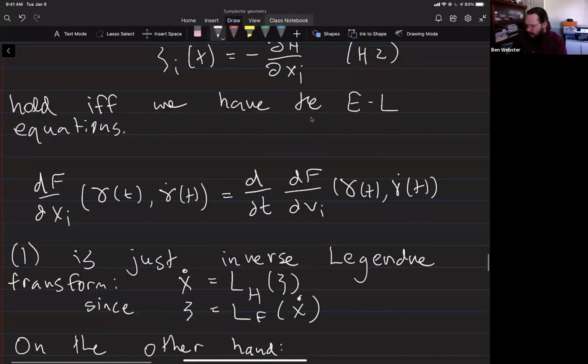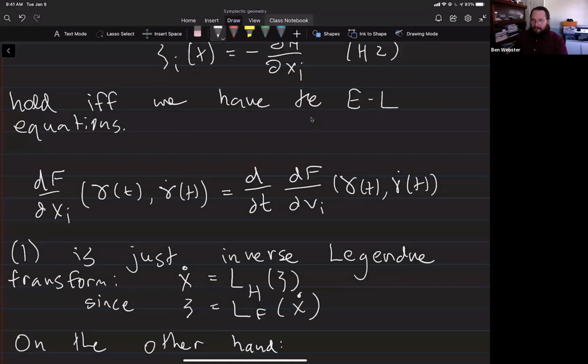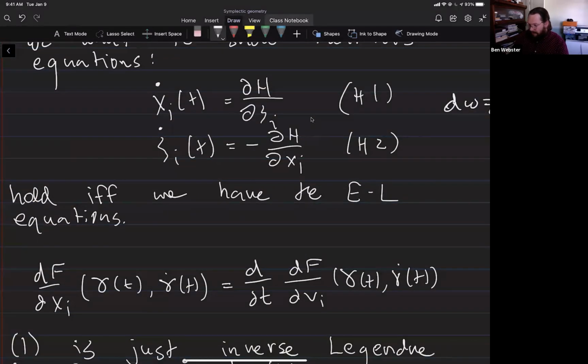Okay, so equation 1 is just an algebraic statement about the Legendre transform, right? So I'm taking the derivative of the Hamiltonian along the fiber directions and thinking of that as an element of the dual, as an element of the tangent space at that point.